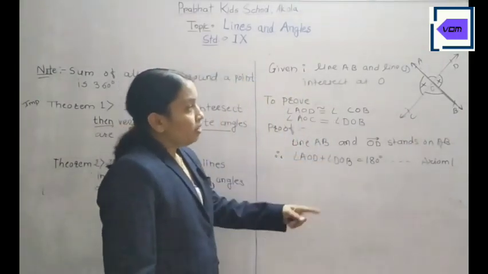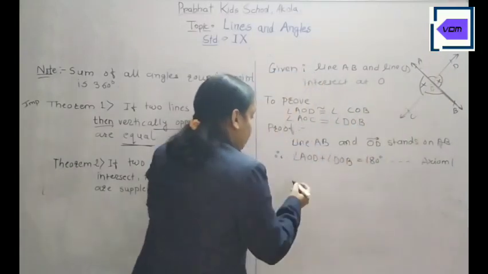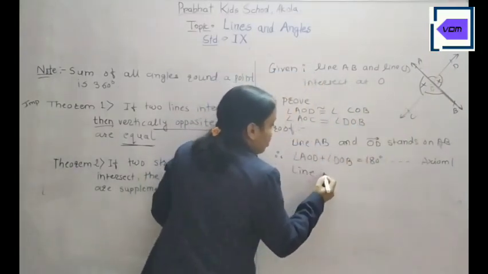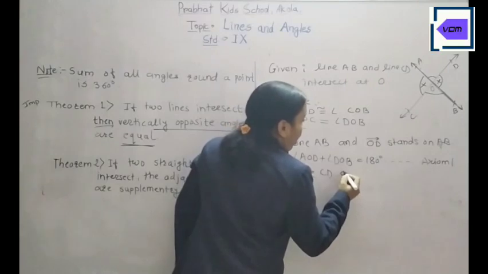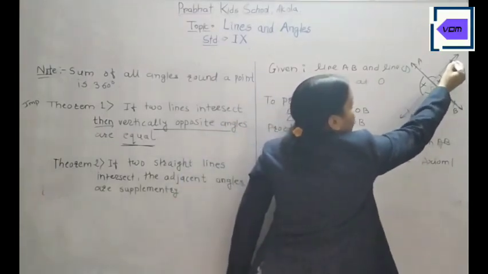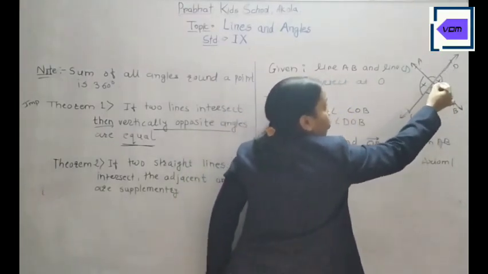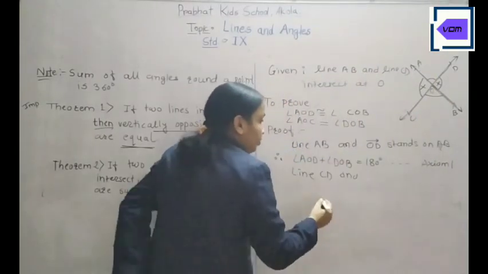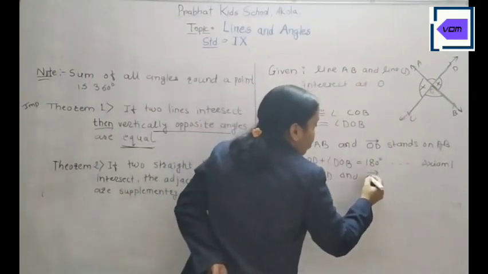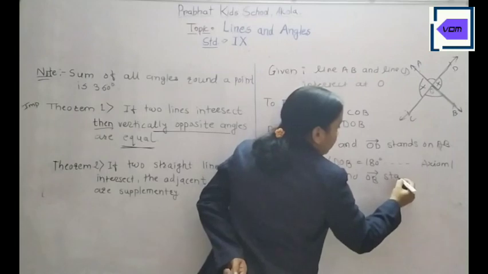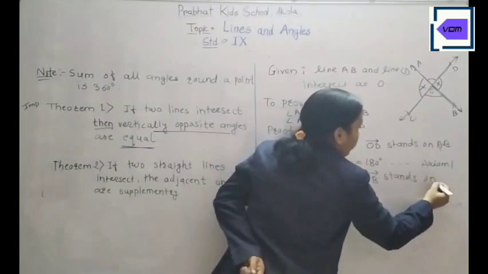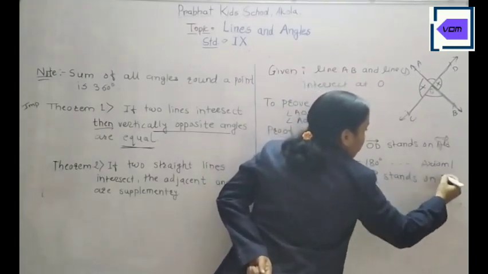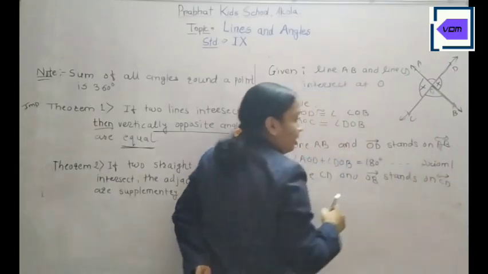Now, again CD is the line. Line CD is given, and observe that ray OB stands on line CD, isn't it?